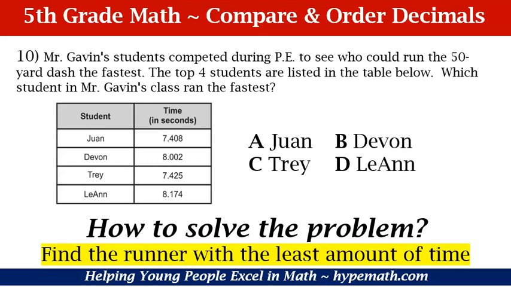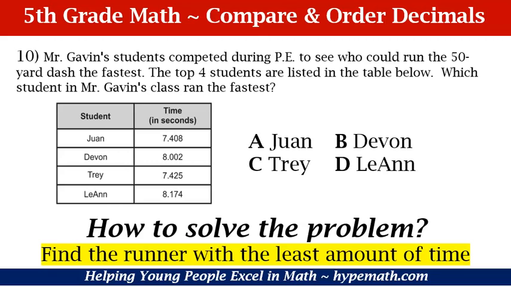We need to find the runner with the least amount of time. So let's see who could possibly have the smallest amount of time. Our decimals are lined up, and the fastest time is the smallest number, right?